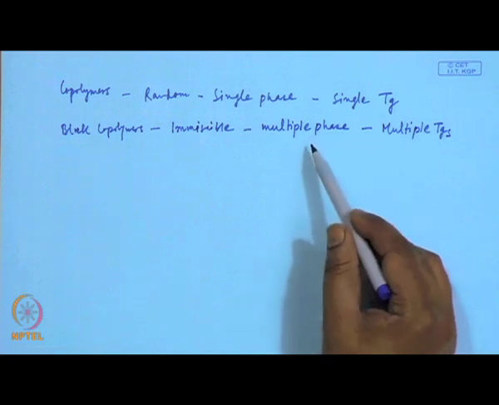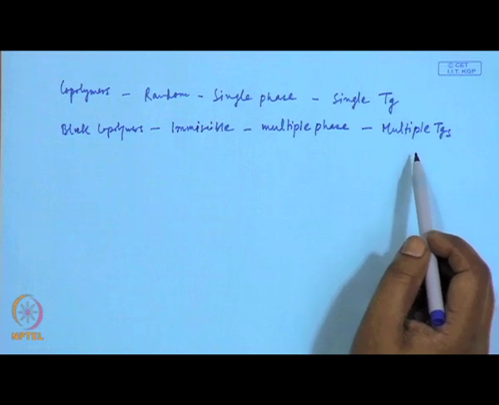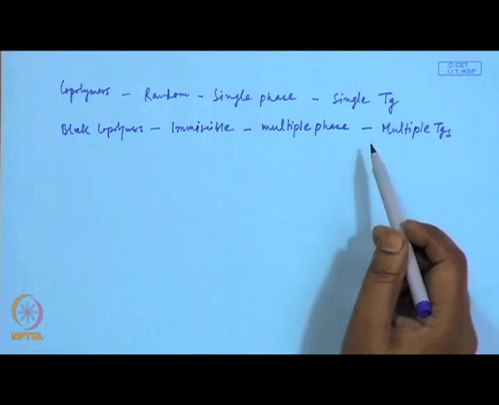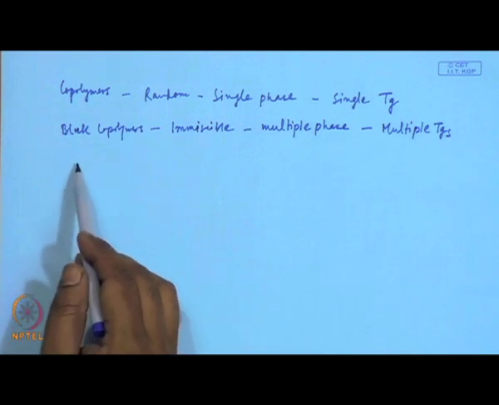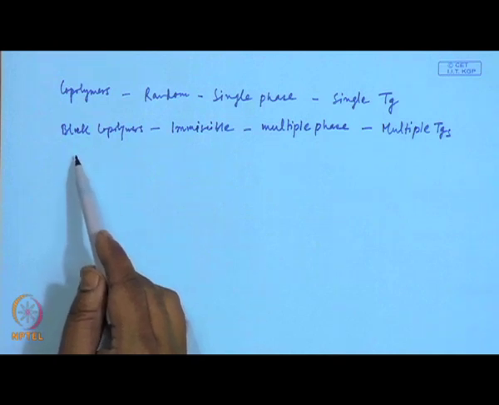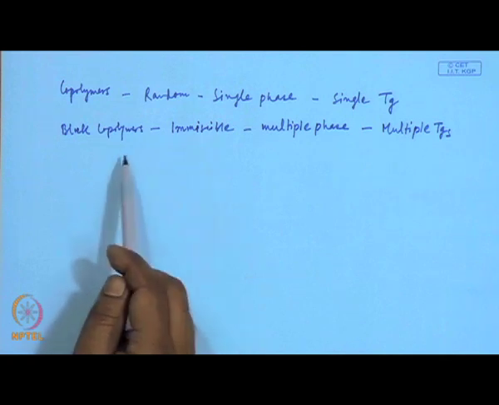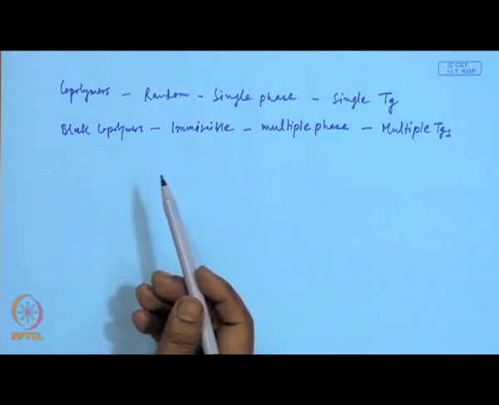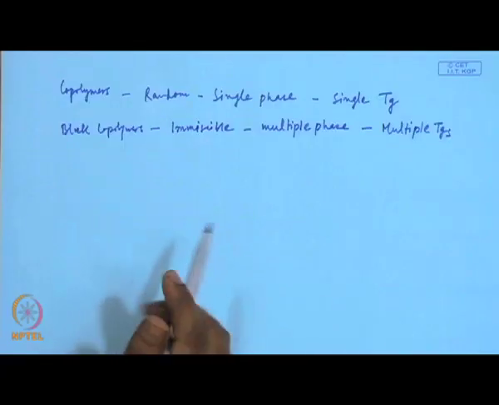So, if you have two blocks which are not miscible, then we are going to get two Tg's for the corresponding homopolymers. Please remember that the Tg of the homopolymer block in a block copolymer will depend upon the size or the molecular weight of the block, as we know that Tg also depends on the molecular weight of the polymers.